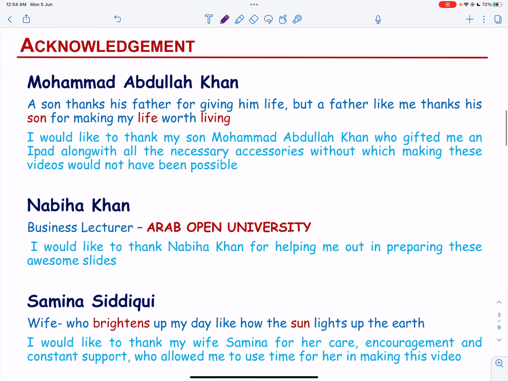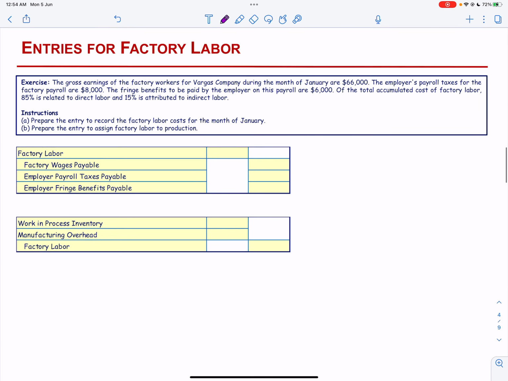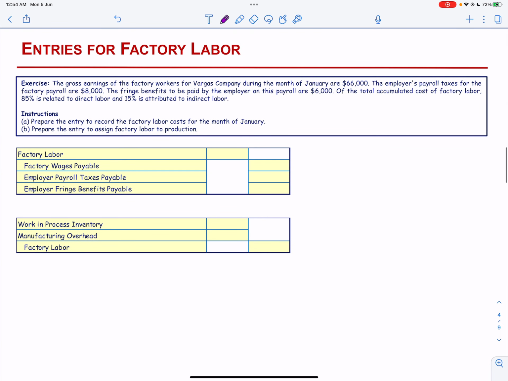So let us start with solving an exercise on how to prepare entries for factory labor. The gross earnings of the factory workers for Vargas company during the month of January are 66,000. The employer payroll taxes for the factory payroll are 8,000.